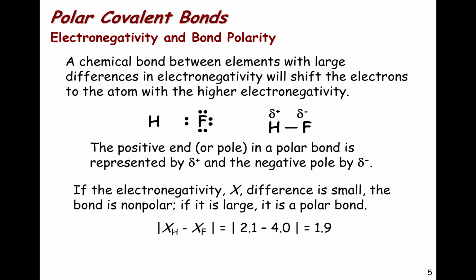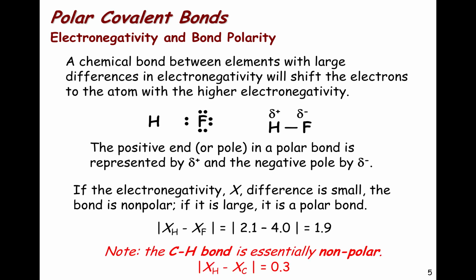To calculate the electronegativity difference, you simply look up the electronegativity values for the two atoms involved. In this case, hydrogen, which is quite a bit less electronegative, is subtracted from fluorine, the most electronegative atom, and we come up with a difference of 1.9 electronegativity units, which is a pretty substantial difference.